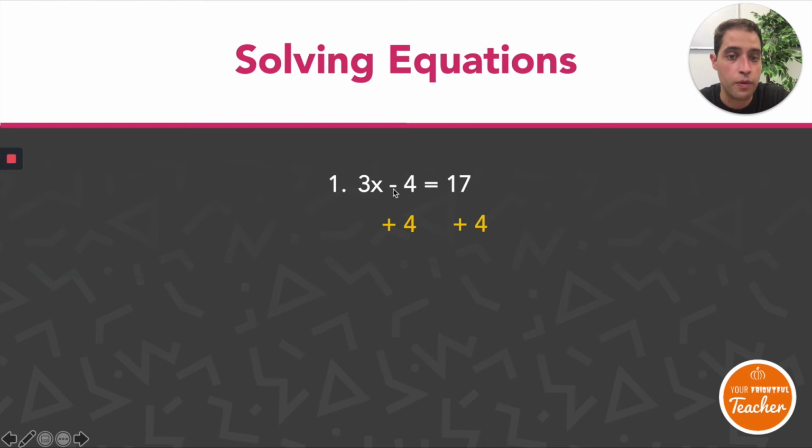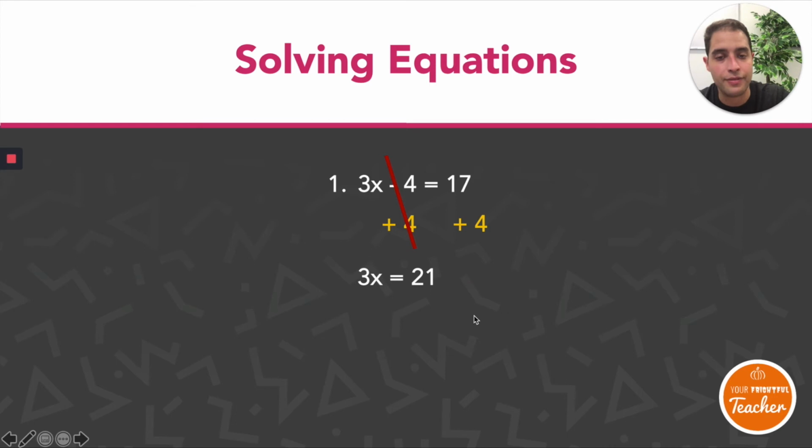So we turn it from a minus number, we bring it to the value of 0 and therefore remove it by adding 4. But whatever we do here, we have to do on the other side, so we have to plus 4. See, it cancels that one out. So now 3x equals 21 because we've plussed 4, but then we have to do it on the other side. So 17 plus 4 is 21.